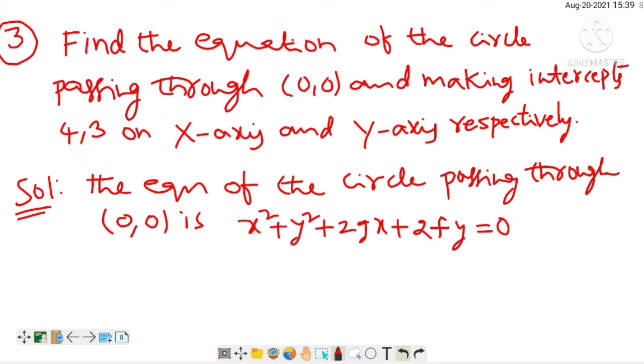Here c = 0, and the circle makes intercepts 4, 3 on the x and y axis respectively.